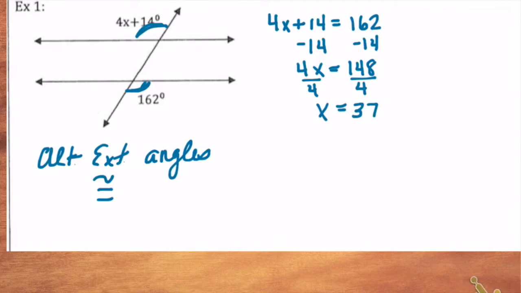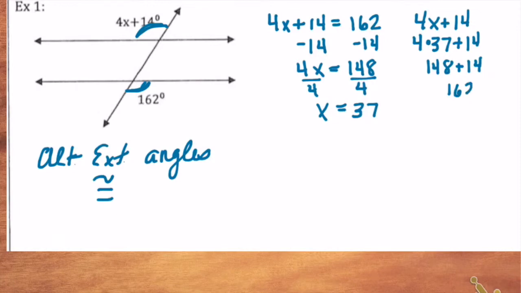The angle measurement was 4x plus 14. So we want to make sure that we solve for x correctly, and that if we solved it correctly, we would get the 162 that was the other angle, and we do get that. So we know we have the right solution.